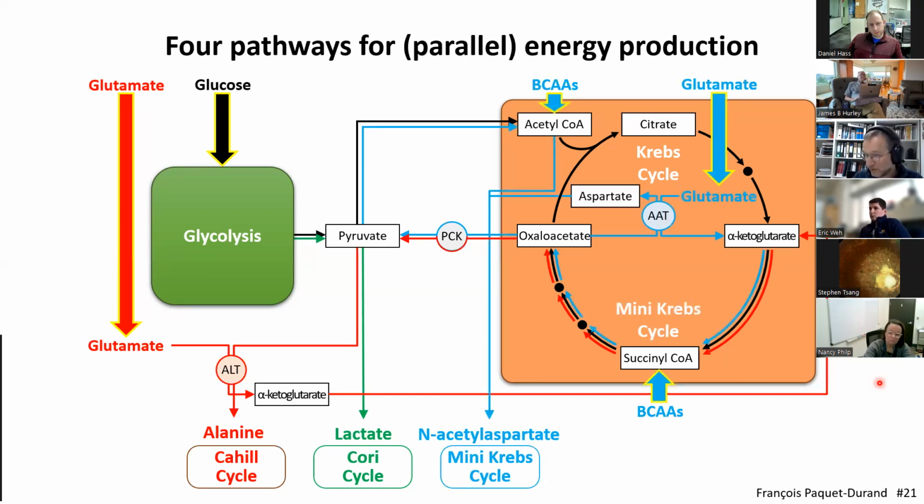And the fourth would be the mini-Krebs cycle that would generate N-acetyl aspartate and run on input of glutamate and branched chain amino acids. The interesting aspect of this is that except for the first pathway, the classical biochemistry textbook thing, all the others you can run in parallel and independently of each other.